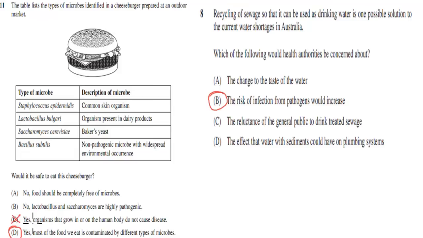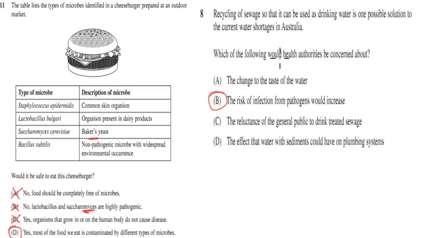C is false because some do actually cause disease if they get into us. The ones that grow on our skin can cause disease if they get into our body. This one's wrong because it says Saccharomyces are highly pathogenic, and these are baker's yeast. Baker's yeast is not highly pathogenic, and no, food should not be completely free of microbes. We said earlier it's basically impossible to have food completely free of microbes.